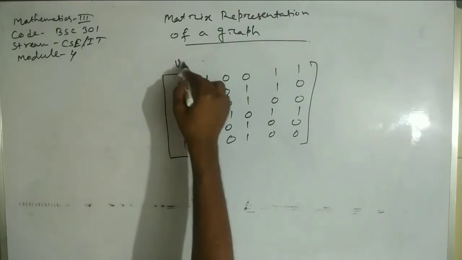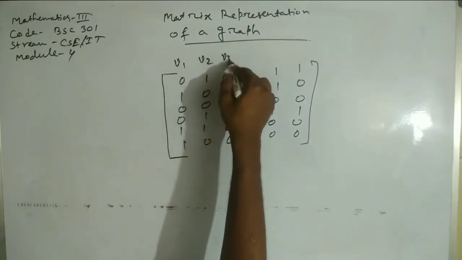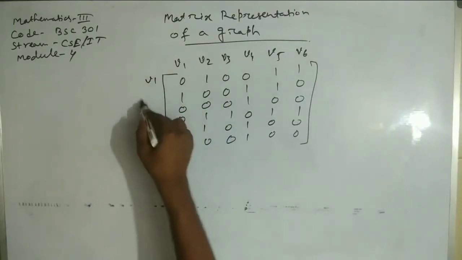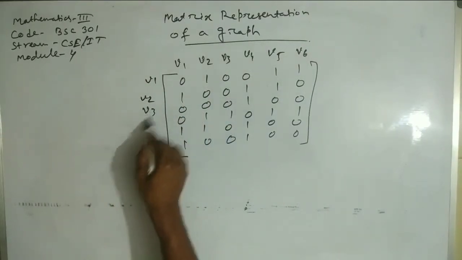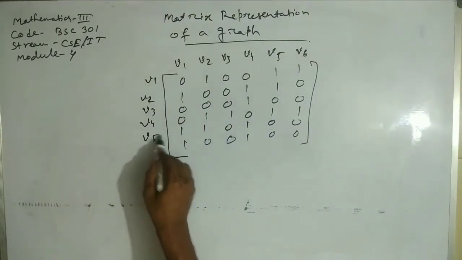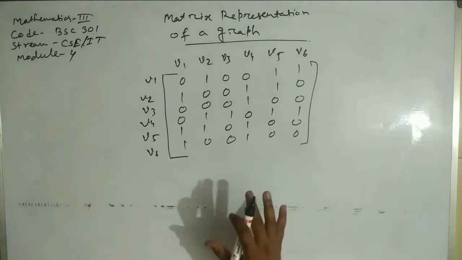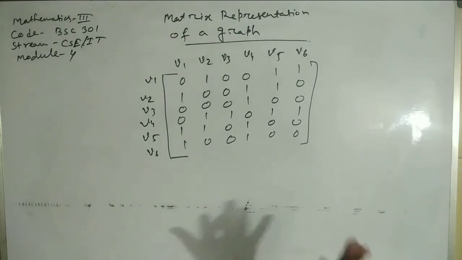I am naming the rows and columns V1, V2, V3, V4, V5, V6, and V1, V2, V3, V4, V5, V6. So this is an adjacency matrix. It is given. We have to draw the graph corresponding to this matrix.